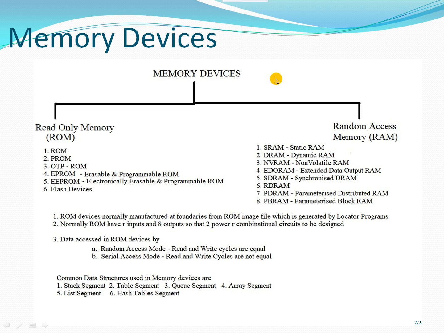So for those purposes we will be using read-only memories. Random access memories will be mainly used for data storage purposes, for dynamic or non-static data, which can be stored inside the RAM memories. We can eventually subclassify these ROM and RAM as follows.